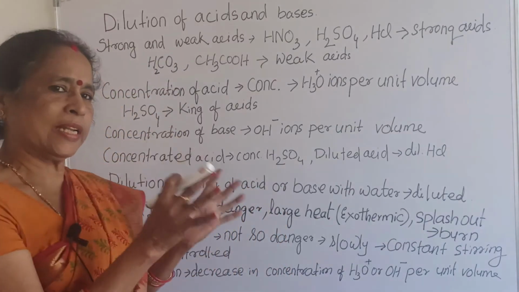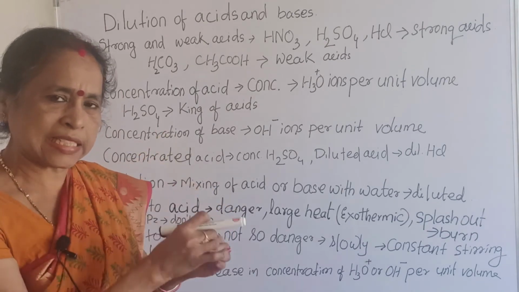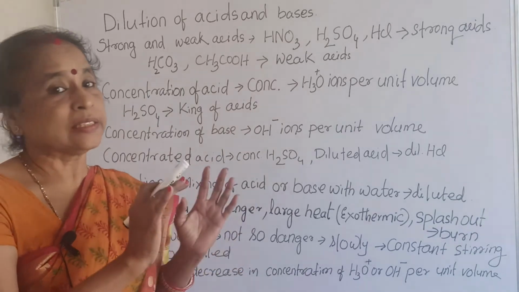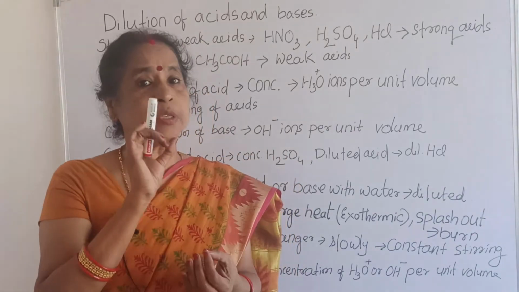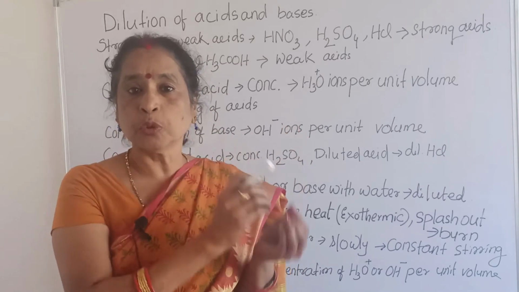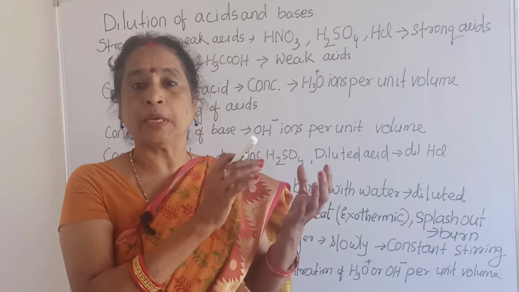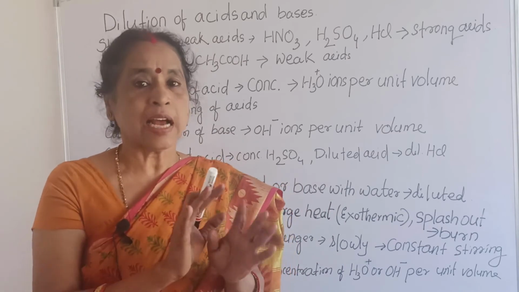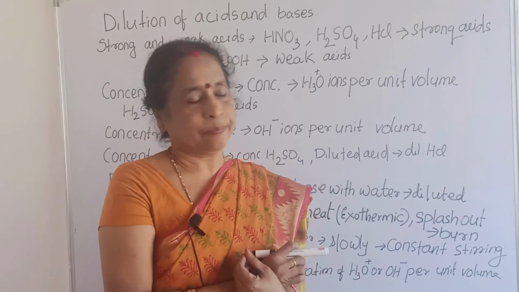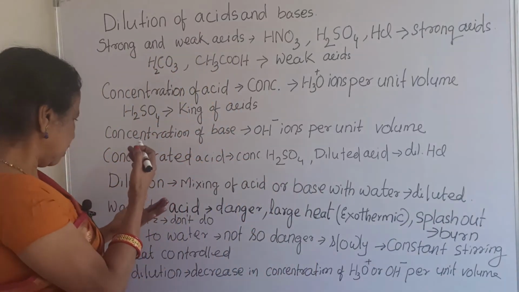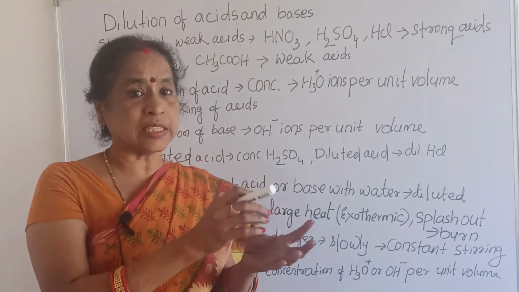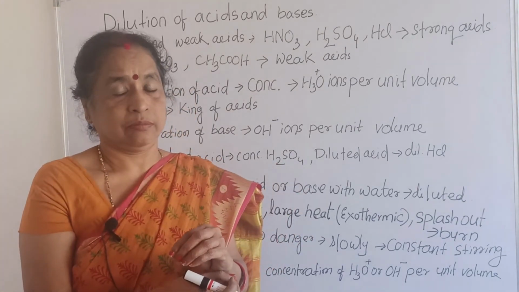And here, in our acid and base, mixing of acids or base with water is called dilution. The dilution process is also very fixed. What amount to be added, what volume of acid to be added in water, that is totally to be calculated in your lab.